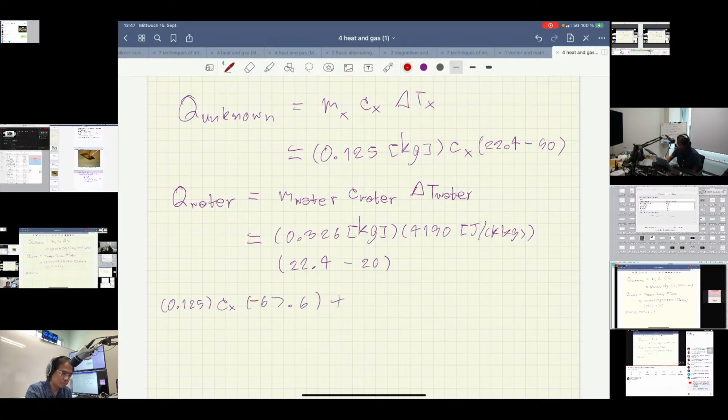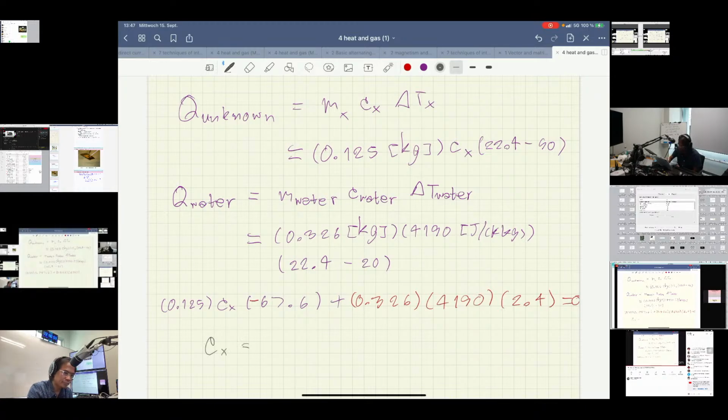And plus 0.326 times 4190 times 2.4. That remains equal to 0, and you have to move the first term to the right hand side, and we divide the whole thing so that we can get the expression for Cx, right?